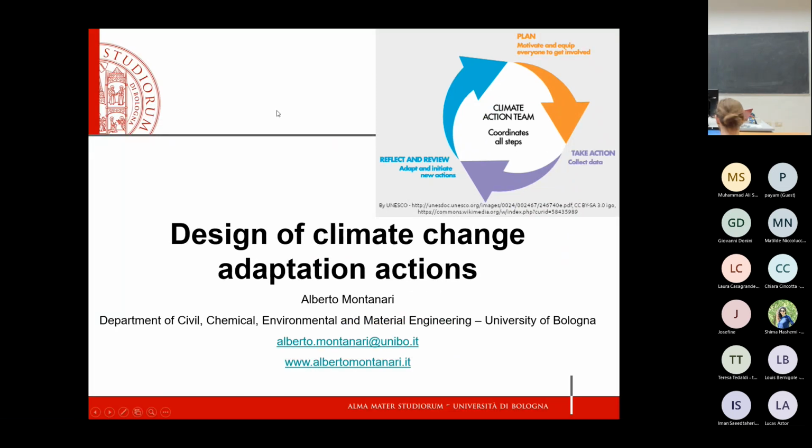So what is this topic about? Here we are getting into the design of adaptation actions for climate change. We already discussed our approach, which is a risk-based approach. So we already know that in order to design climate change adaptation actions, we take the risk-based approach, which implies an estimate of the probability of a given event whose impact we want to mitigate, probability, vulnerability, and exposure.